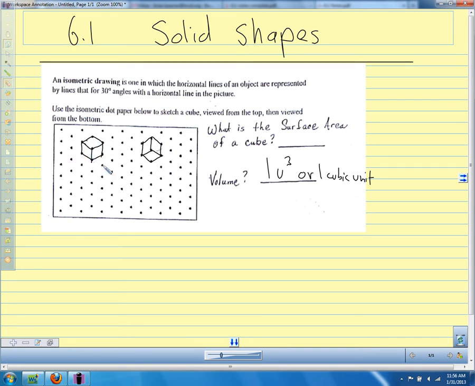So our surface area, the area of all the parts that are on the outside, is 6 units squared. We're just counting up the squares that are on the outside. If we have a complicated shape made of these cubes, we can find our surface area by counting up all the squares on the outside. Is surface area always squared? Yes. Surface area is an area, so it's always going to be units squared.